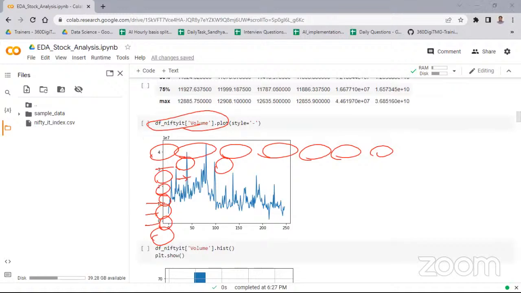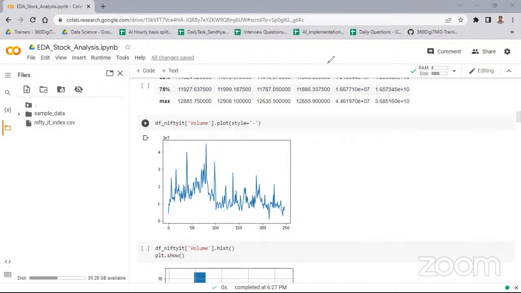After that, I would like to plot the data with the help of plotting, for the volume column. I just need the volume, which is the amount for a particular day. You can see that there is a lot of variation. Sometimes it reached high and then reduced, again it reached high and reduced.